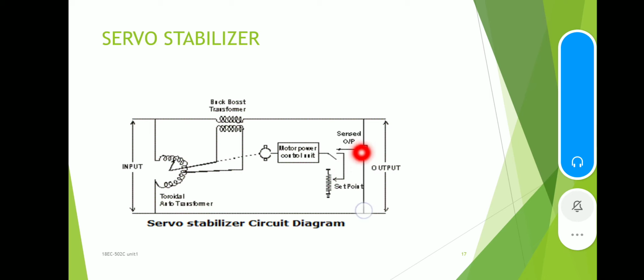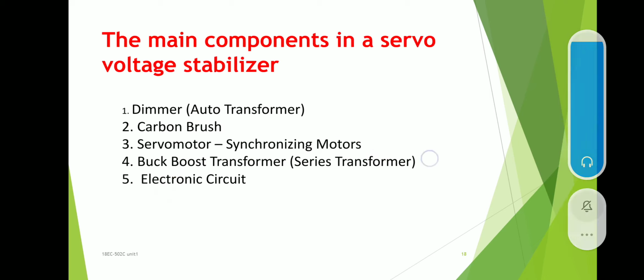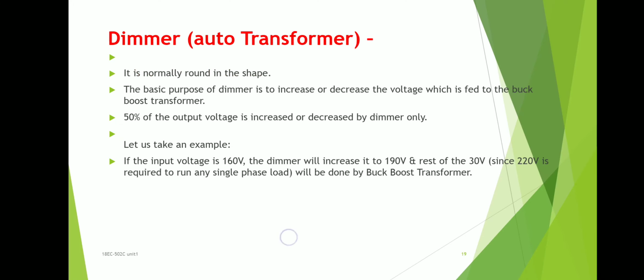There is a sensor. The main stages are the auto transformer, carbon brush, these brushes are for the motor, a servo motor for synchronizing, the buck boost transformer and the controlling circuit, the electronic or power controlling circuit. These are the main blocks in the voltage servo stabilizer.